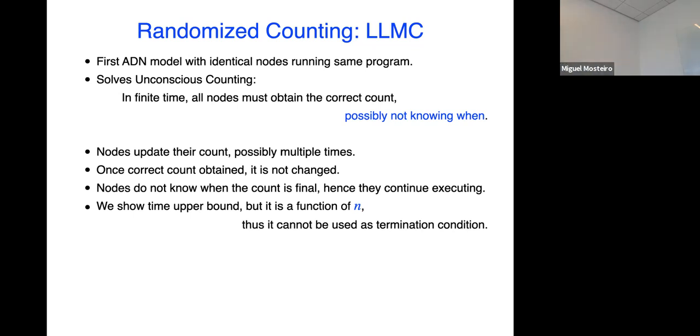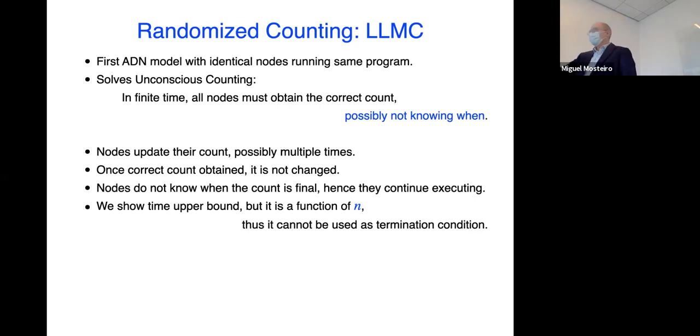So we look at a simpler, or weaker, problem called unconscious counting, which differs from the initial definition of counting just in this part: possibly not knowing when they obtain the correct count. They still obtain the correct count, all of them at the same time, but the count may be updated. The good aspect is that in our algorithm, once the correct count is obtained, it never changes.